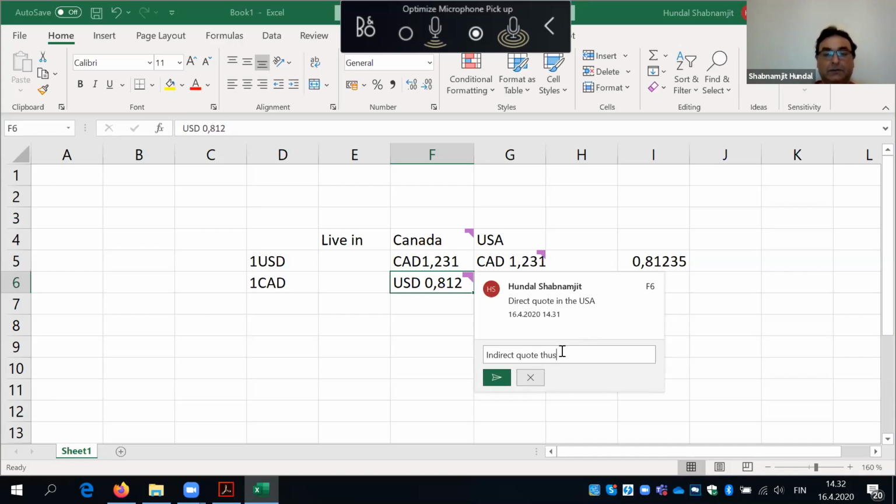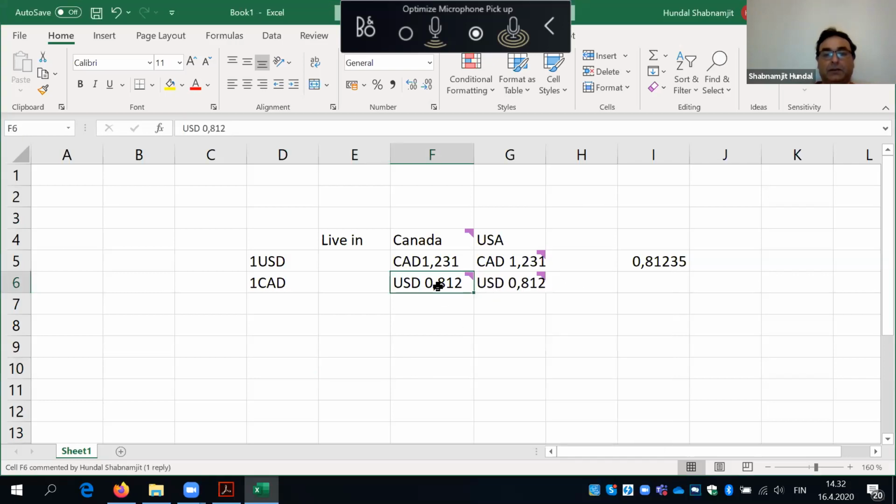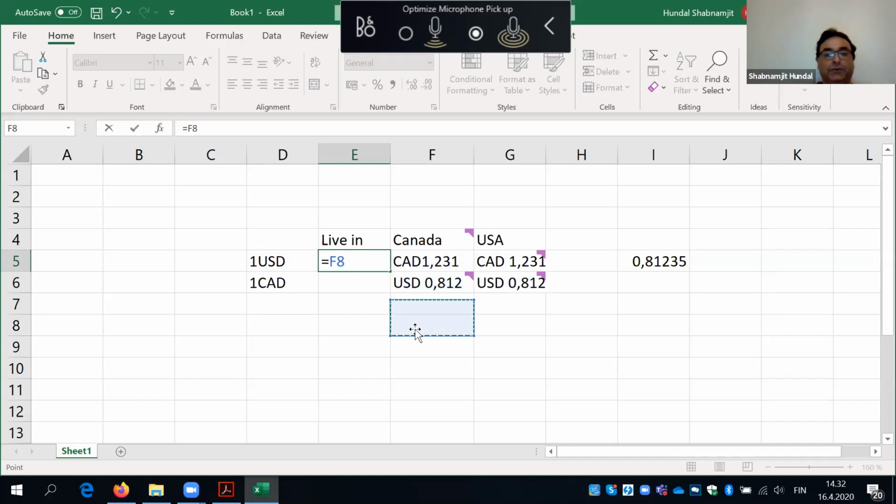This can lead to an error of calculation. So therefore, whenever you are making any calculation and there are multiple currencies involved, always check which is your domestic currency, and whatever domestic currency you have should be on the right side. So I would say that 1 US dollar is equal to 1 Canadian dollar.